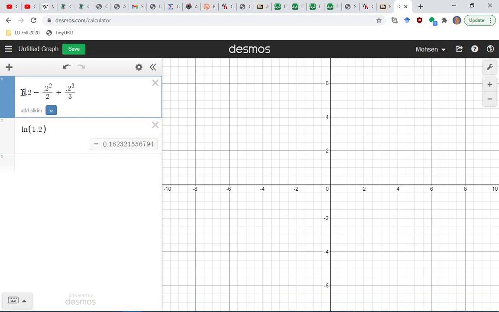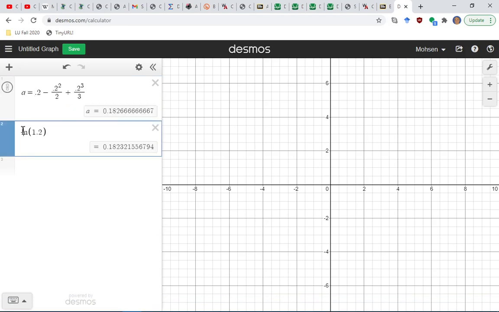So anyway, we have these two, and if you want to call this quantity A and this one quantity B, then A minus B is the error that we are making.